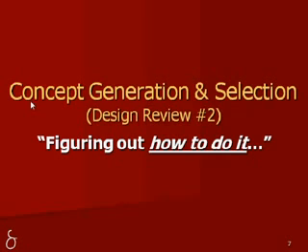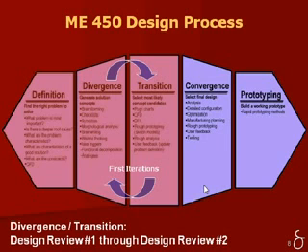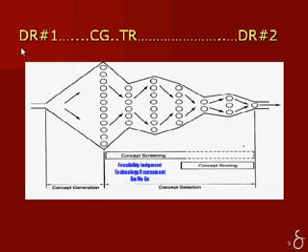So up until now in Design Review 1 you've been figuring out what to do, and now that we're moving towards Design Review 2 you're trying to figure out how to do it. Right? So that's this process here of generating as many concepts as you can, evaluating those concepts, and using the knowledge you gain along the way to iterate and hopefully come up with the best alpha design possible by Design Review 2. So as you can see, it's a little bit of a messy process.